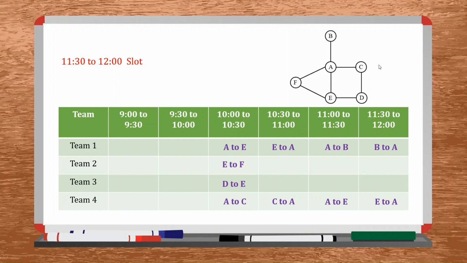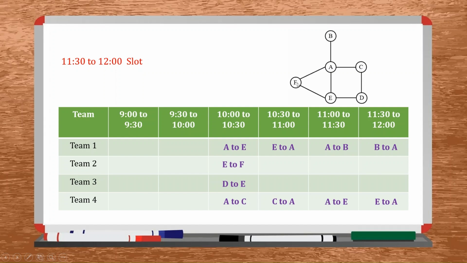So let's consider team 2 now. Team 2 is at F at 10:30, and let us assume team 2 is coming from F at 11:30. So it will be going from F to A at 11:30. So it has to reach F by 11:30, and it is already at F at 10:30.